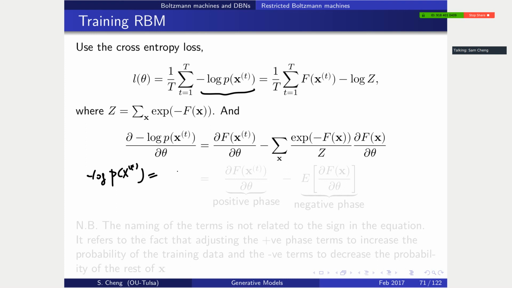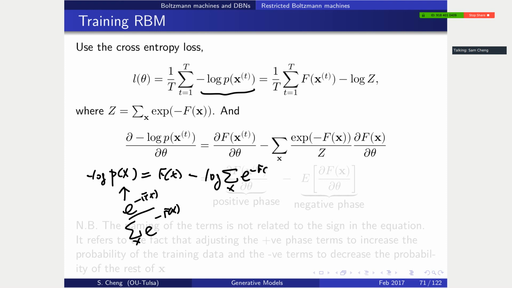Minus log p(x) is equal to F(x). Maybe I will just skip the t, this is too many t's here. So p(x) is equal to exponential of minus F(x) over Z, where Z is the sum over x of exponential minus F(x). Then I take the log there, so it's minus log of the sum over exponential minus F(x). Okay, something like that.